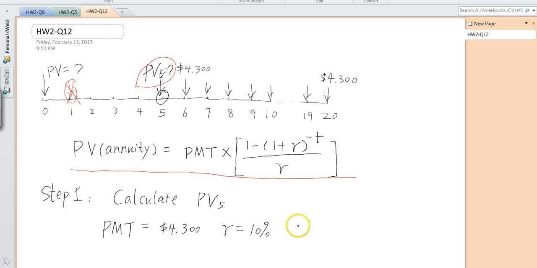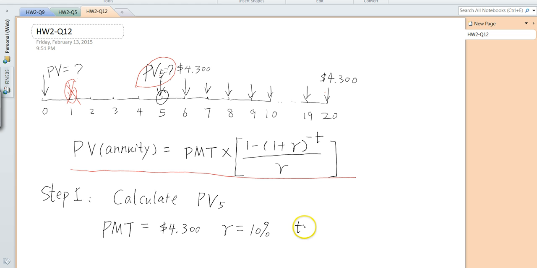And what about T? Again, I think I mentioned this in class, but I want to stress this again because this is very important. T here stands for the number of payments. So in the formula, the T is the same as the year number. And that's because the first payment starts from year 1.